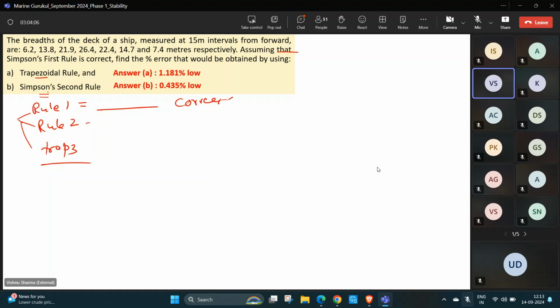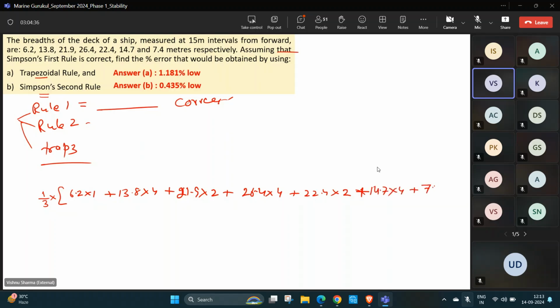Can you quickly find what will be the area by rule 1, guys? It will be 1 by 3 into 6.2 into 1 plus 13.8 into 4 plus 21.9 into 2 plus 26.4 into 4 plus 22.4 into 2 plus 14.7 into 4 plus 7.4 into 1.